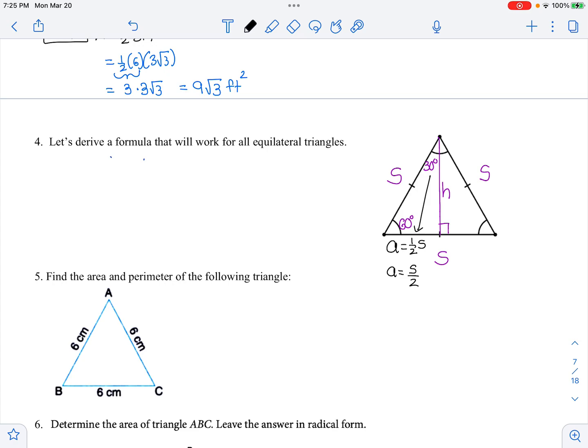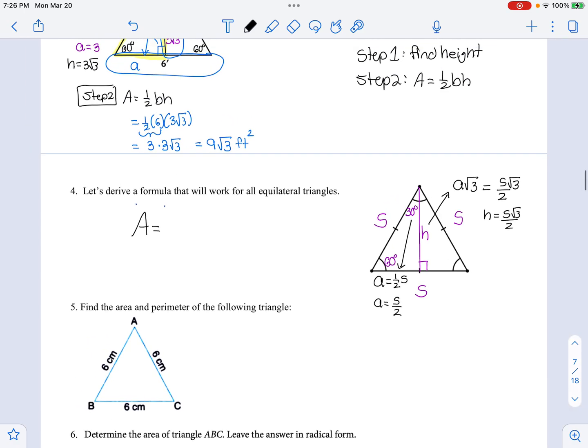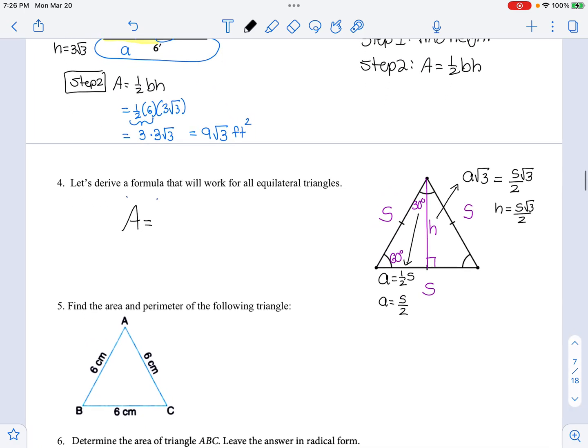Now, knowing that that's my A value, to find my height, remember that my height is the A square root 3 side. So if my A value is S over 2, then my height is S over 2 times square root 3. So this means that the height of this triangle is S square root 3 divided by 2. Now, knowing the height of the triangle, I'm still using my 2-step process, but we're hoping that at the end of the 2-step process, we have a better formula to work with.